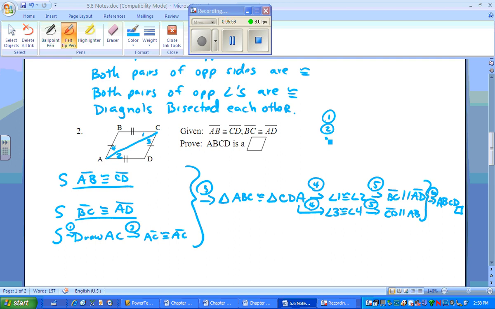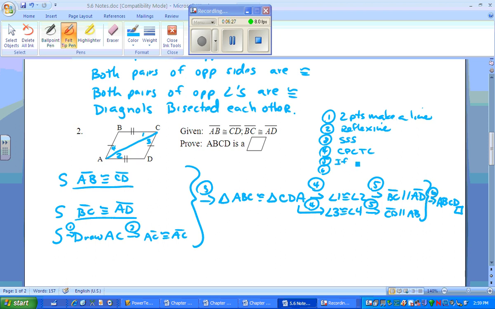Wow, a lot of work going on in this proof the long way. So the first one is 2 points make a line. 2 was the reflexive. 3 was side, side, side for CPCTC. 5 was, let's see what kind of angles are 1 and 2. They're alternating and they're in between the parallel lines.